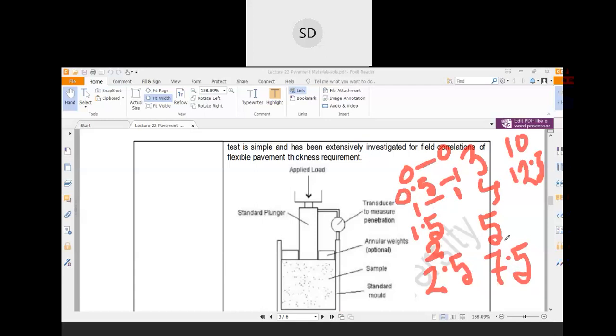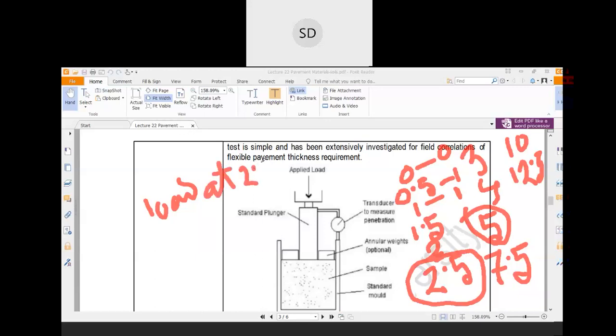Now the CBR value is generally taken at 2.5 mm penetration or 5 mm penetration, and the definition of the CBR value would be the load value at 2.5 mm penetration divided by the standard load.